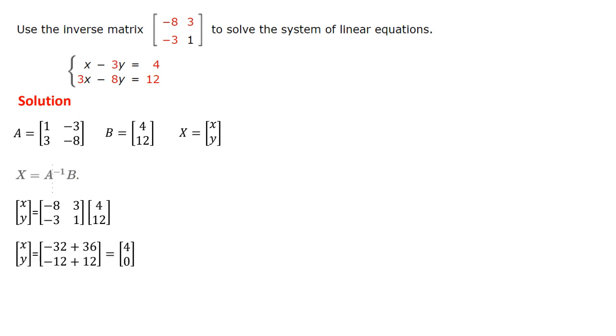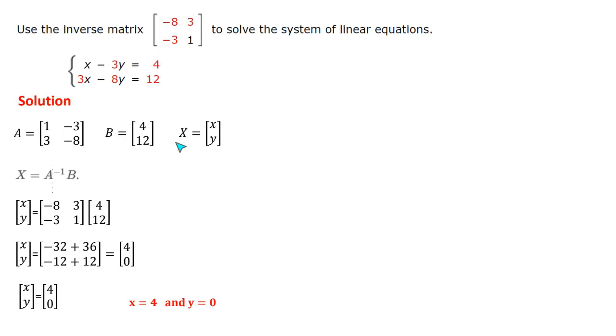So if we use multiplication, we have -8 times 4 is -32, 3 times 12 is 36, and -32 plus 36 is 4. And then the second row, -3 times 4, -12, and 1 times 12 is 12. So -12 plus 12 is 0. So that means my solution is x is 4 and y is 0.